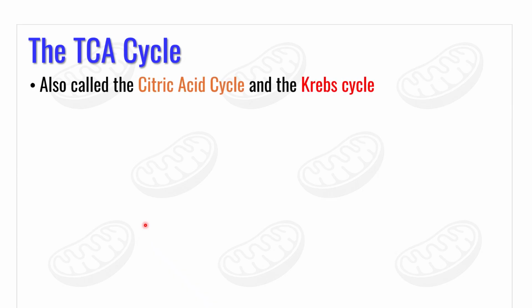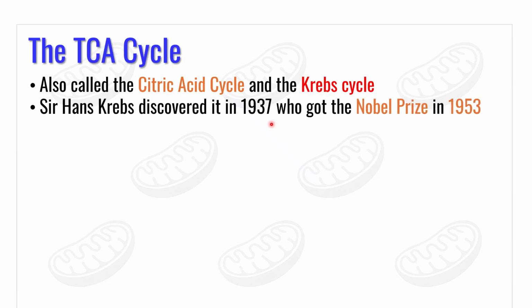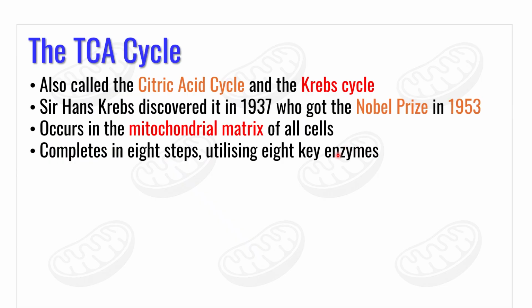Let us begin with the introduction to the TCA cycle. This is known by other names also, such as Citric Acid Cycle or Krebs cycle, who discovered this in 1937 and got Nobel Prize in 1953. It occurs in the mitochondrial matrix of all the cells and completes in 8 steps utilizing 8 key enzymes.